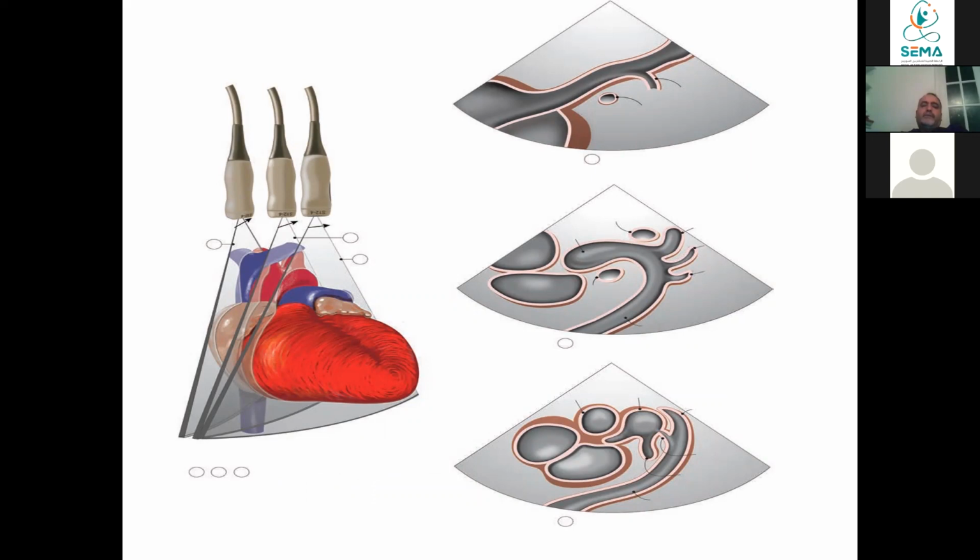It is important to know the aortic arch and how to get it. Usually the aortic arch is obtained from the suprasternal view. You put the marker to the left, in the suprasternal notch, and sweep the probe in different angles until you get this view.